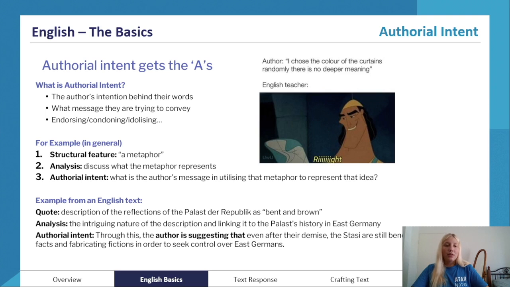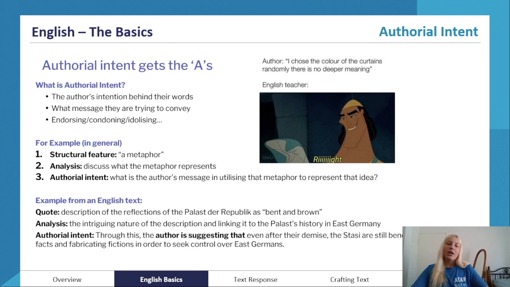Looking at an example, the quote could be a description of the reflections of the Palace of the Republic as bent and brown. Your analysis of the actual evidence is the intriguing nature of the description, and you're linking it back to the sociocultural context in your analysis, so the palace history in East Germany.